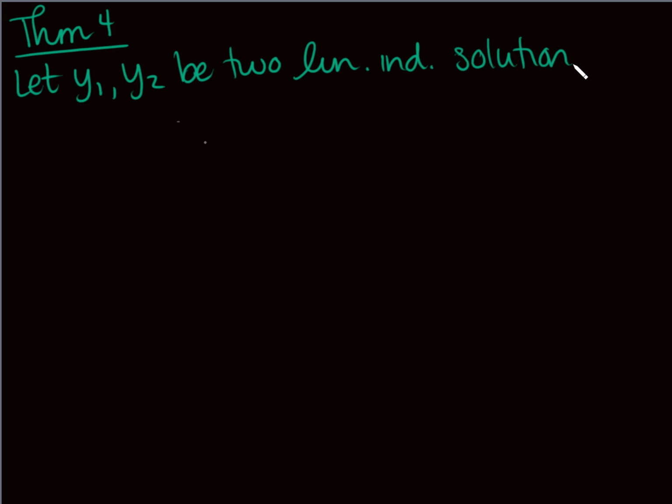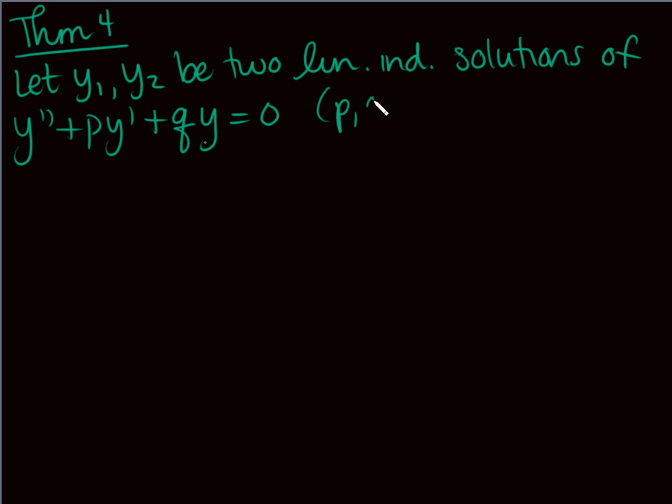Let y1 and y2 be two linearly independent solutions of the differential equation y double prime plus P y prime plus Q y equals 0, where P and Q are functions of x. I'm just being lazy. And obviously P and Q are continuous on some interval.